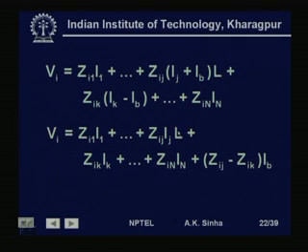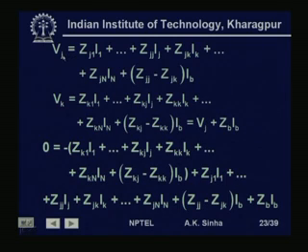So this dot dot dot plus Zik plus dot dot dot plus Zin into In, plus what we will get, Zij Ib minus Zik Ib. So Zij minus Zik into Ib. This is what we have got now for this Vi.